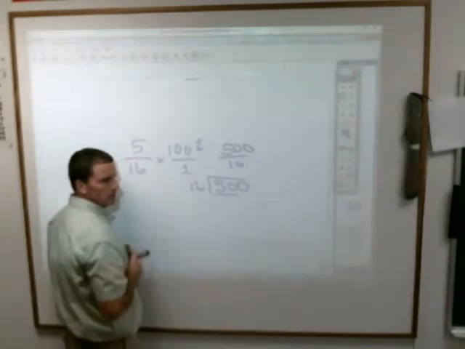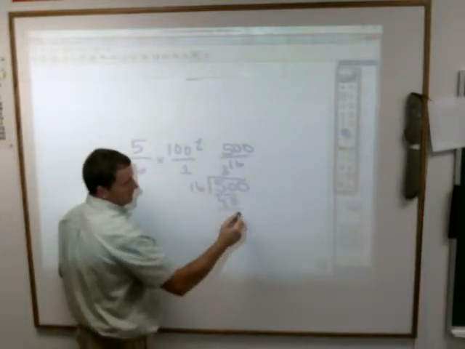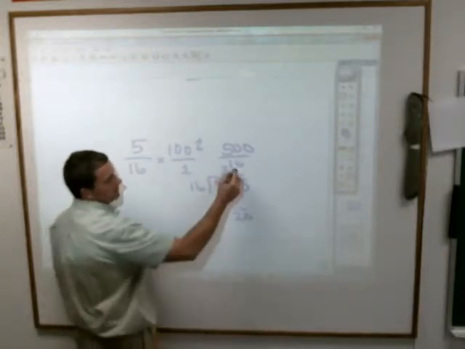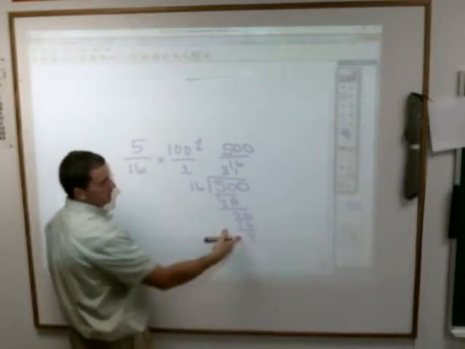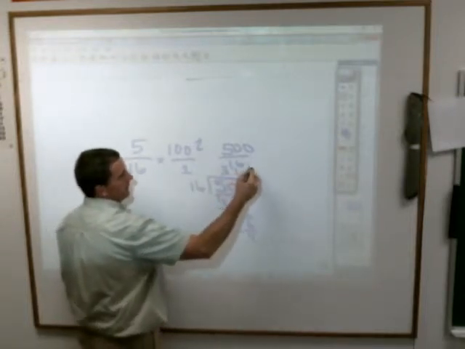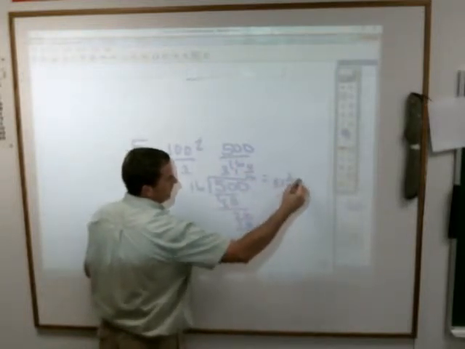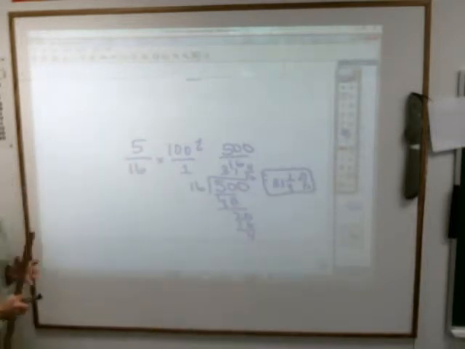How many times does 16 go into 50? 3 times. 3 times 16 is 48. How many times does 16 go into 20? Once. And then what's left you can make a fraction out of. 31 and 4/16, or 31 and 1/4%.